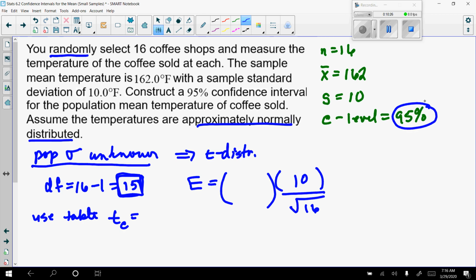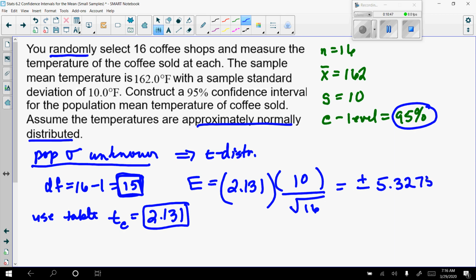We get from the table that it is 2.131 is our critical value. That means that our margin of error is plus or minus 5.3275, plugging that into your calculator. That's our margin of error.